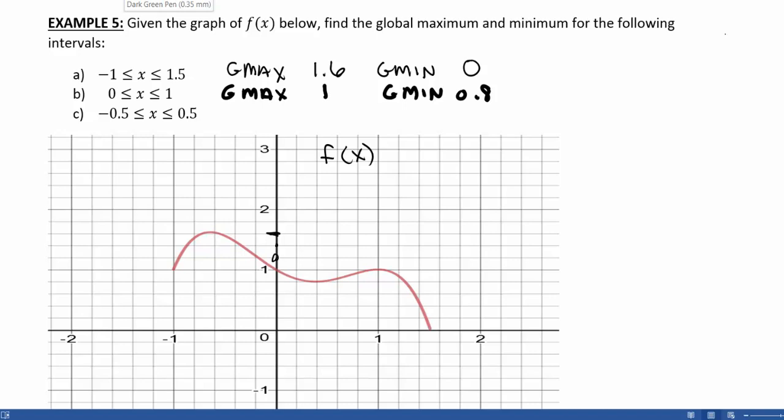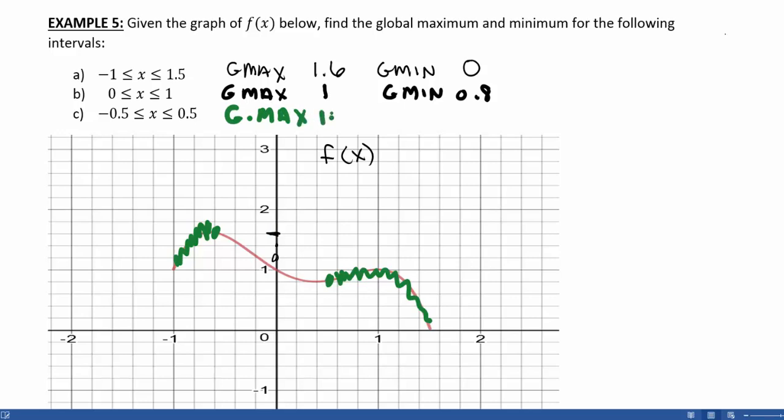Part C. For the third interval, we're considering what's happening from negative 0.5, which is roughly here, until positive 0.5, which is roughly here. So if we're considering this part of the function, we'll get rid of the rest of it that we're not looking at. Ignore all that other stuff outside of this. We want to find the highest value and the lowest value. So the highest value, again, appears to be at roughly 1.6.